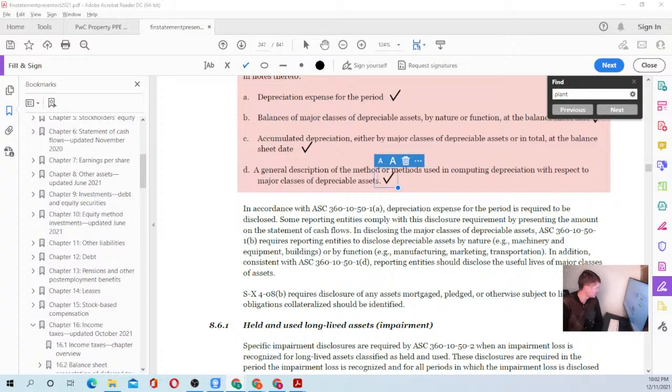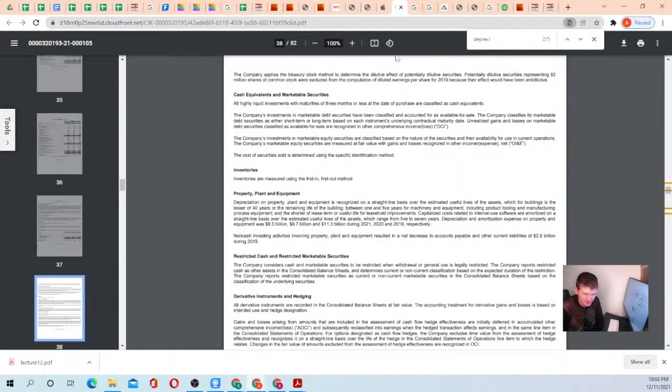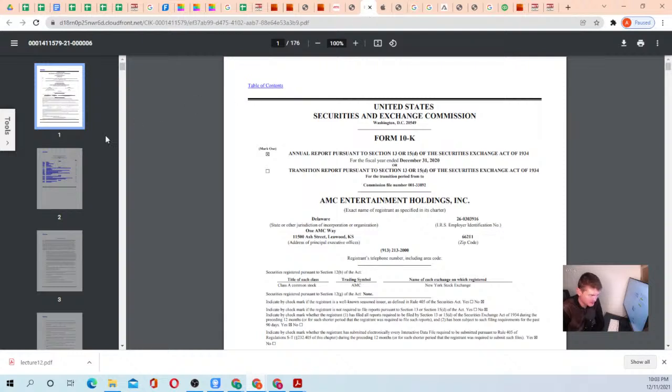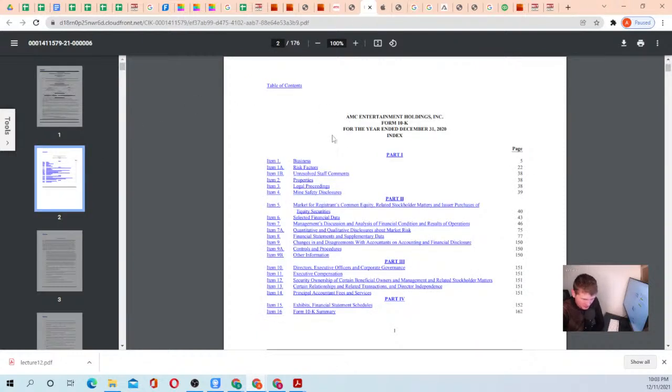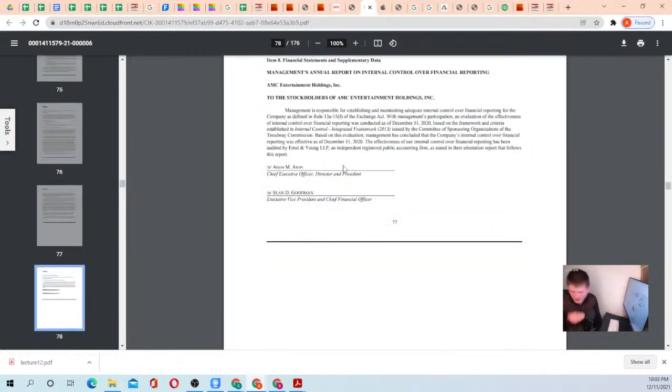Let me take a look. I don't think Apple has many assets mortgaged, but I think AMC has a lot of assets mortgaged. Let me see, December 31st, 2020, financial statements.